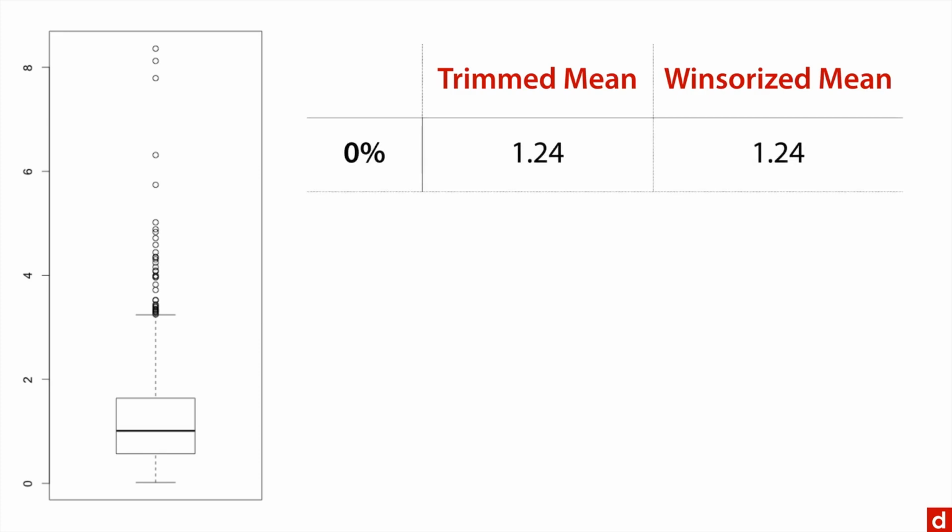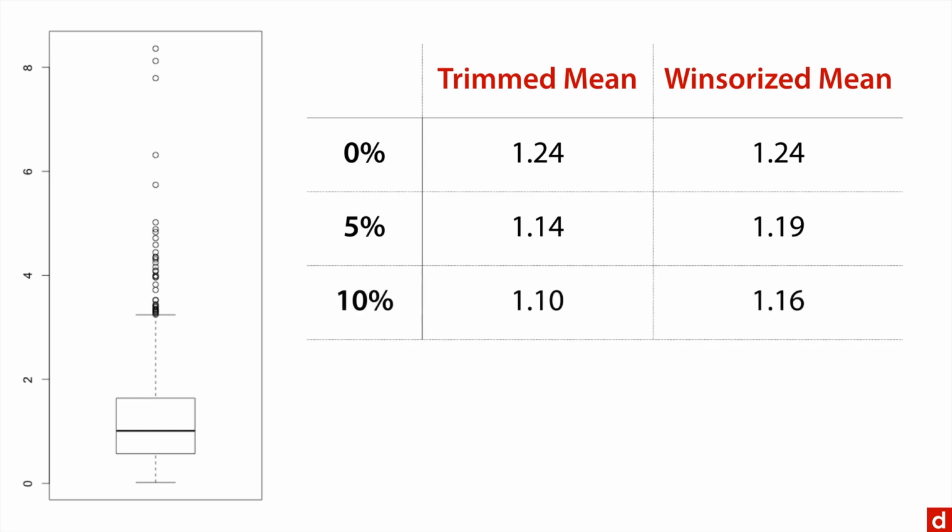Now, the 0% is exactly the same as the regular mean, and here it's 1.24. But as we trim off 5% or move in 5%, you can see that the mean shifts a little bit. Then 10%, it comes in a little bit more, to 25%. Now we're throwing away 50% of the data, 25% on the top, 25% on the bottom. And we get a mean here of 1.03, that's a trimmed mean, and a Winsorized of 1.07.